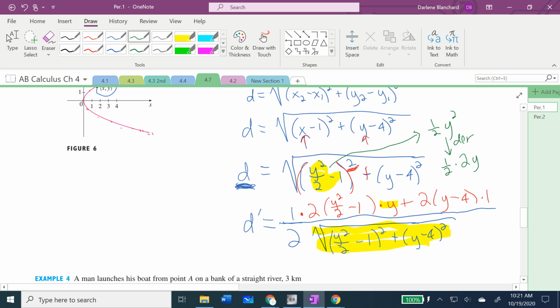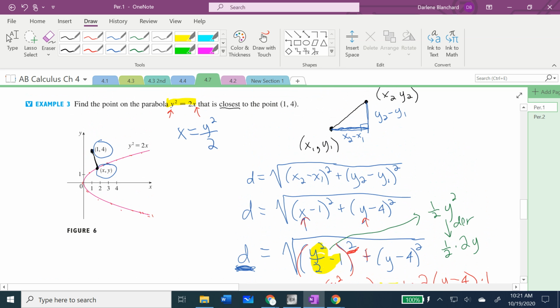So this square root in the denominator is something we actually started with. That square root is the distance between our 2 points. When I'm looking at critical numbers, I'm looking at what makes the derivative 0 or undefined. The undefined part is looking at that denominator being equal to 0. That denominator is actually just the distance between the 2 points times 2.